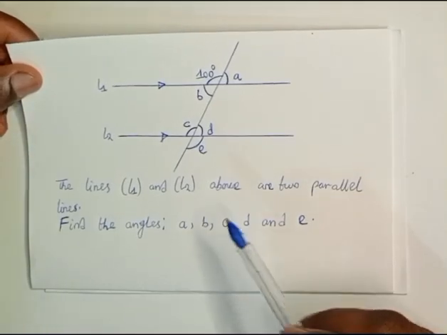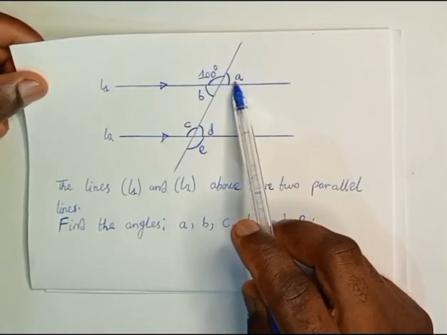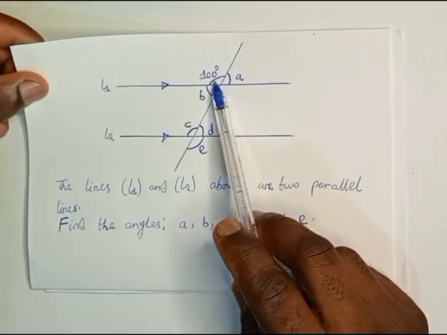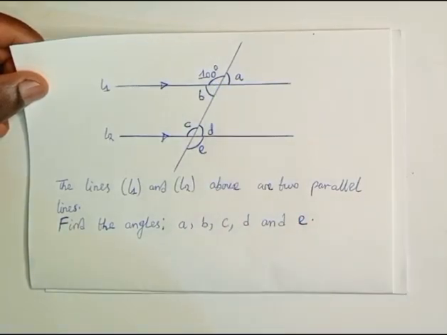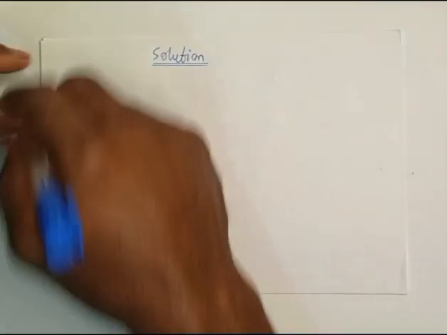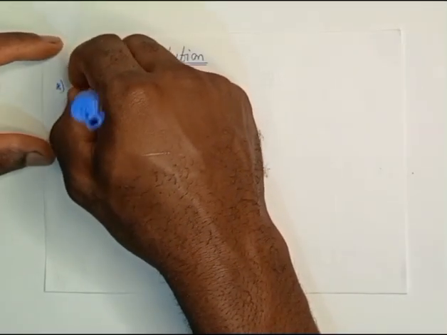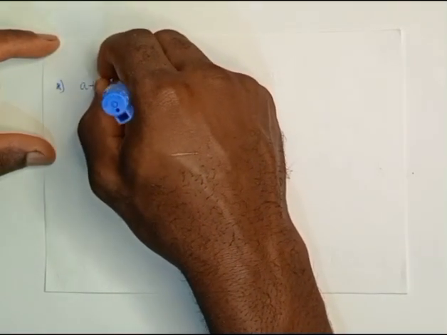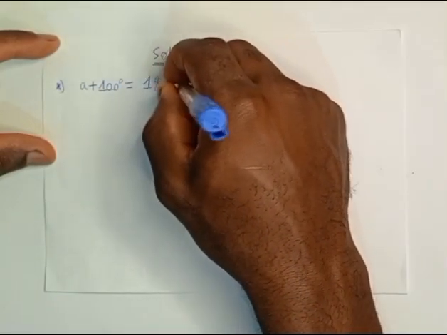First, we are going to start by finding the angle A. The angle A and the angle 100 degrees are straight line angles. That means they sum up to 180 degrees. Take the first step. A plus 100 degrees is equal to 180 degrees.